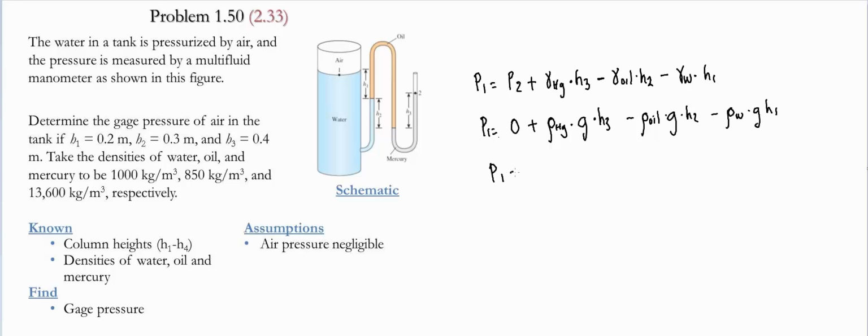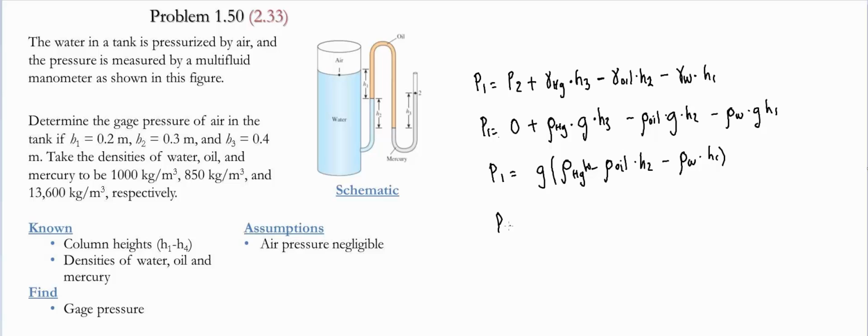Therefore P1 is equal to gravity, we're going to factor it out, times density of mercury times H3, minus density of oil times H2, minus density of water times H1.